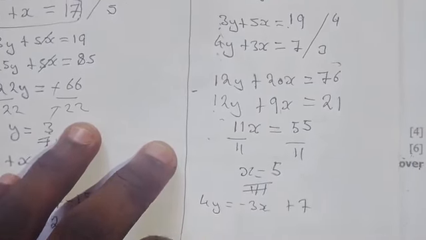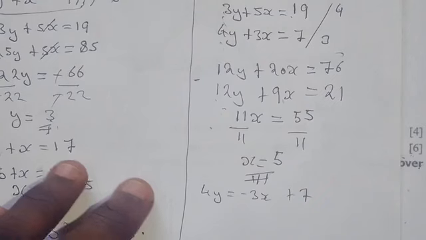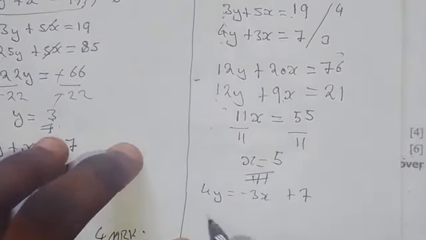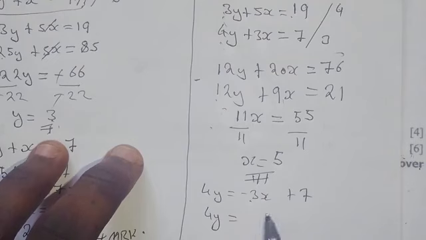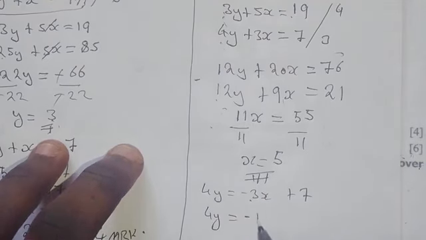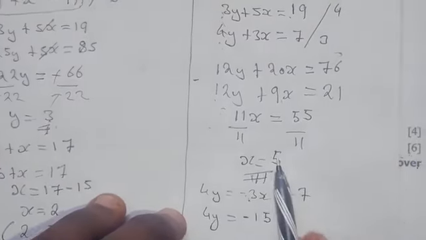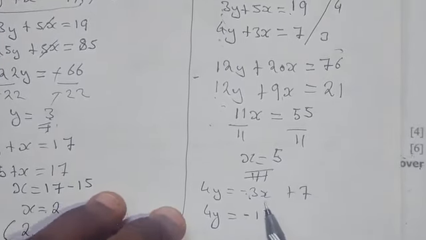Where there is x, we just put 5 to find y, because we have found the value of x, which is 5. So we're going to have 4y is equal to negative 3 multiplied by 5, which is negative 15. We multiply because we know the value of x is 5.